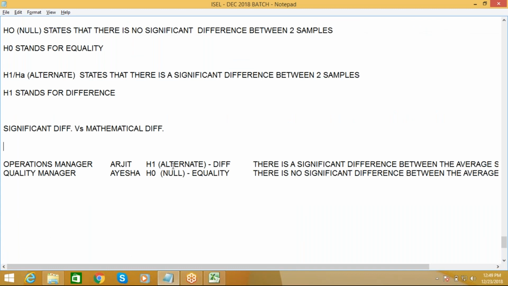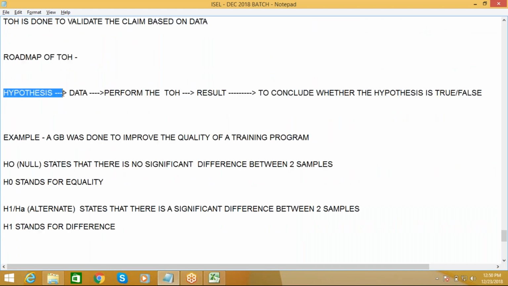First you will have the hypothesis, correct? So we have the two hypotheses. Have we decided? Yes, H1 and H0, we have it. Do we have the data? We have the scores, correct? And then now we are performing the test of hypothesis, or I already have the result. The next thing is we are going to be interpreting the result to conclude whether the hypothesis is true or false.